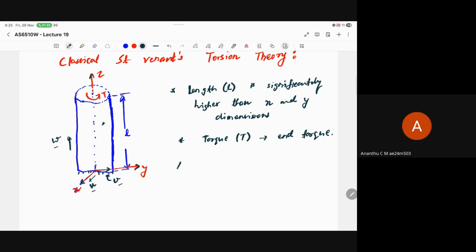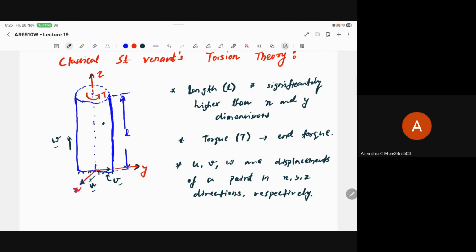And u, v, w are displacements of a point in x, y, z directions respectively.